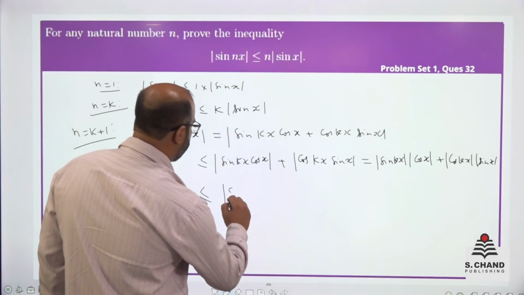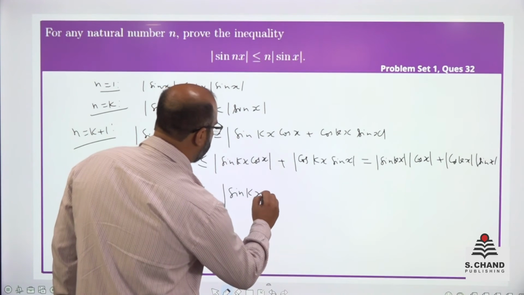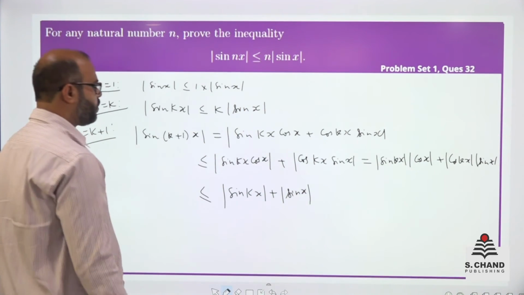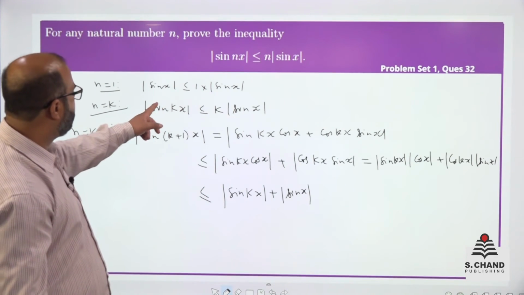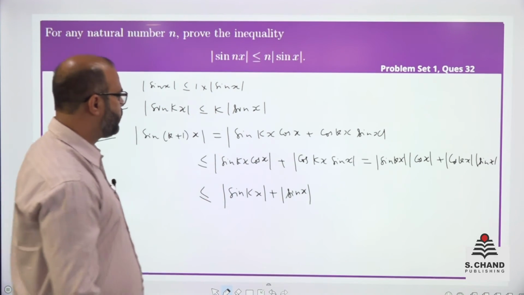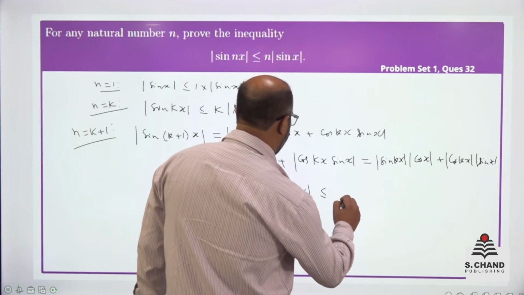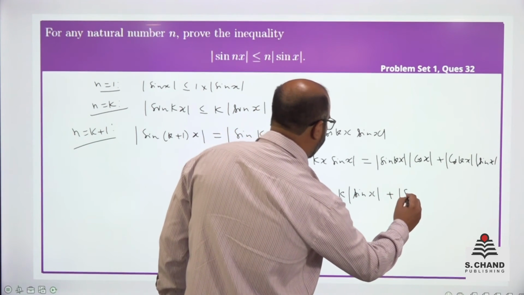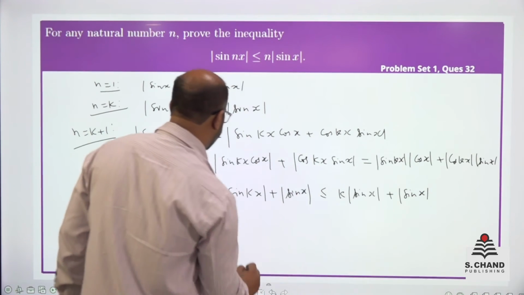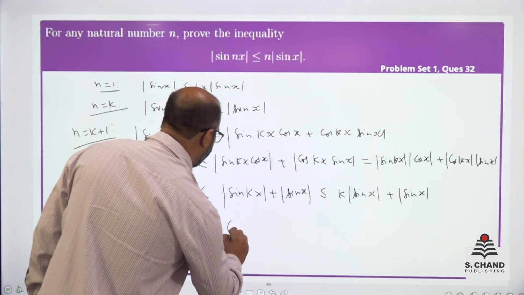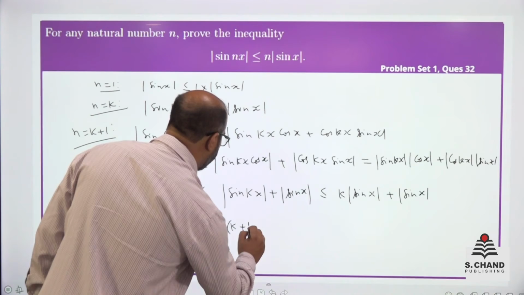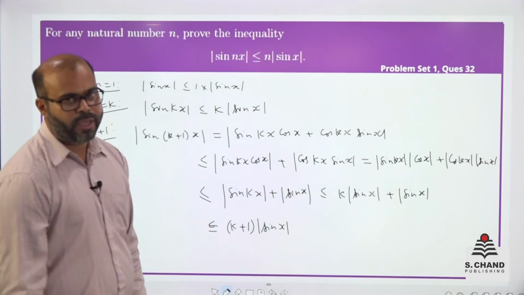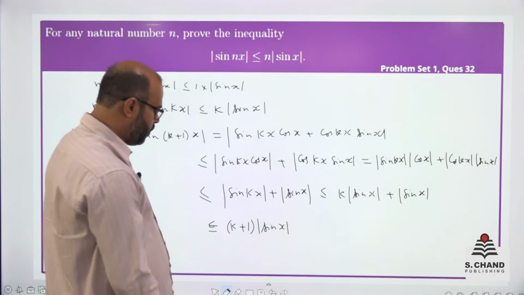So this is at most mod of sin kx plus mod of sin x. Now mod of sin kx is less than or equal to k mod of sin x. So this is k mod of sin x plus mod of sin x, which is finally less than or equal to (k+1) mod of sin x. Hence it is proved for n equal to k plus 1 also.